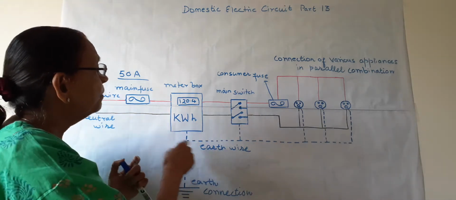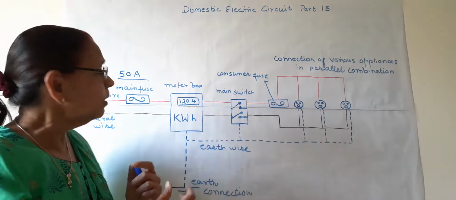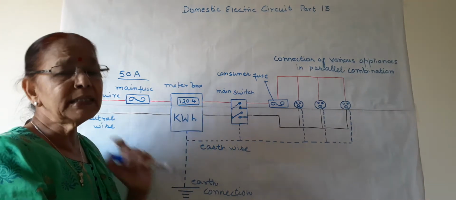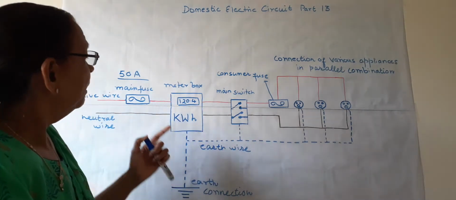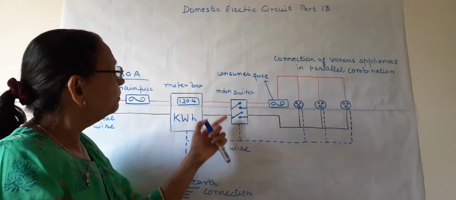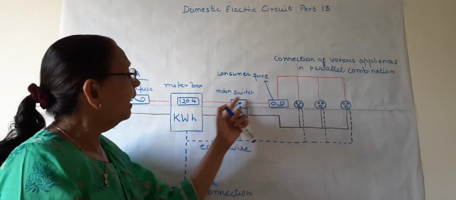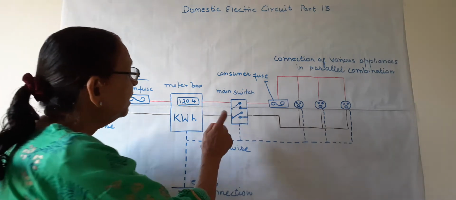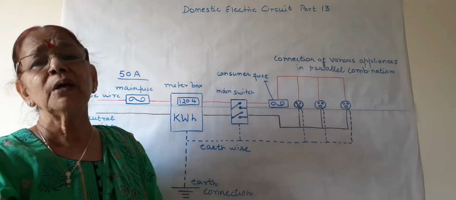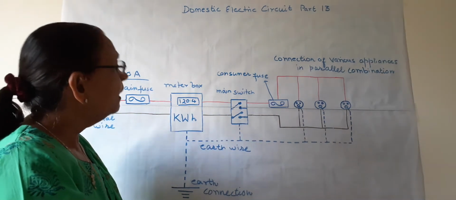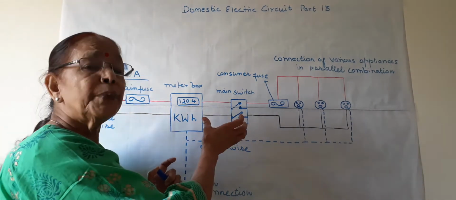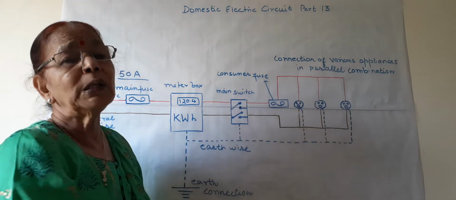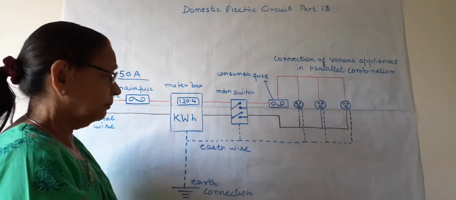This meter box is a metal box, and both wires come inside it. From this meter box, both wires emerge and go to a main switch. This main switch is a very important component of this circuit, as it is a preventive guard measure for the entire circuit of our house.